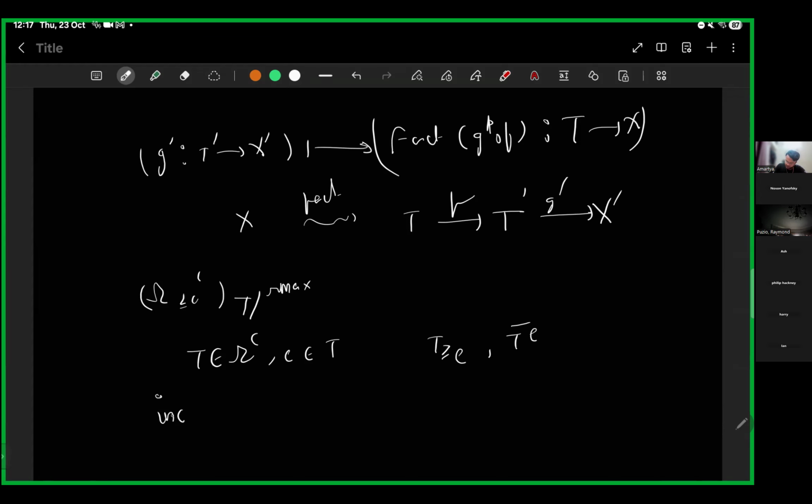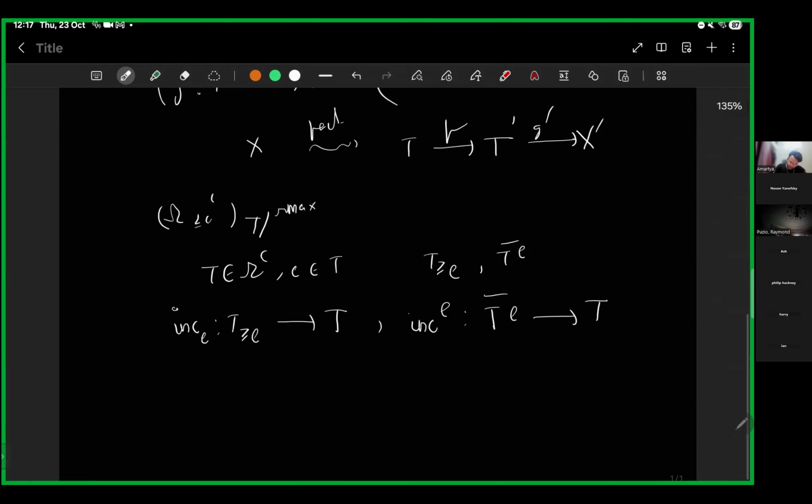I don't know if we use this notation in the paper further on. So these are inclusions.